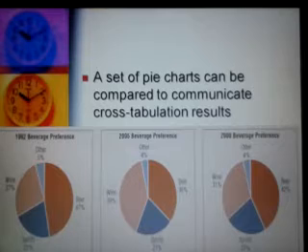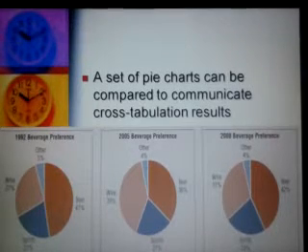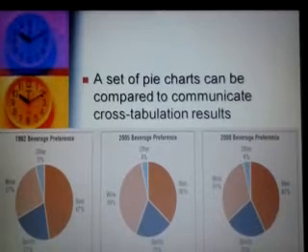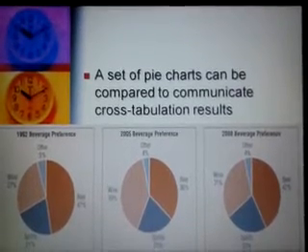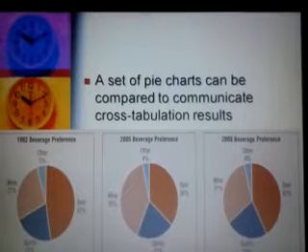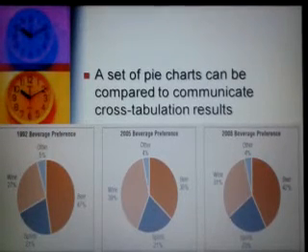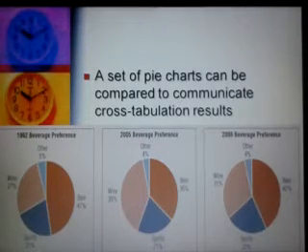So this is an example: the consumption of beverage preference in 1992, 2005 and 2018. Using these three pie charts, we can simultaneously compare the percentage results, how the beverage preferences are.